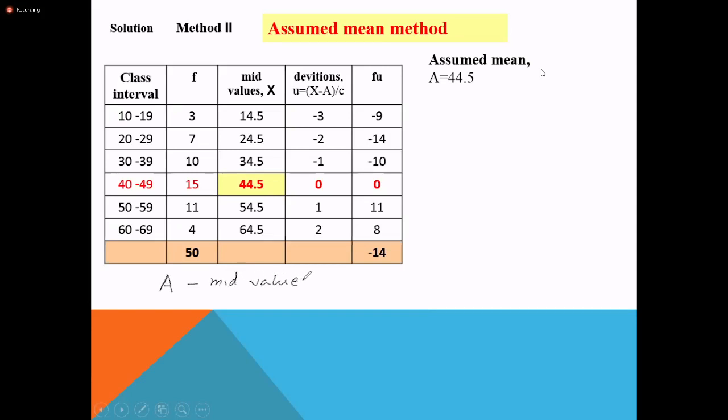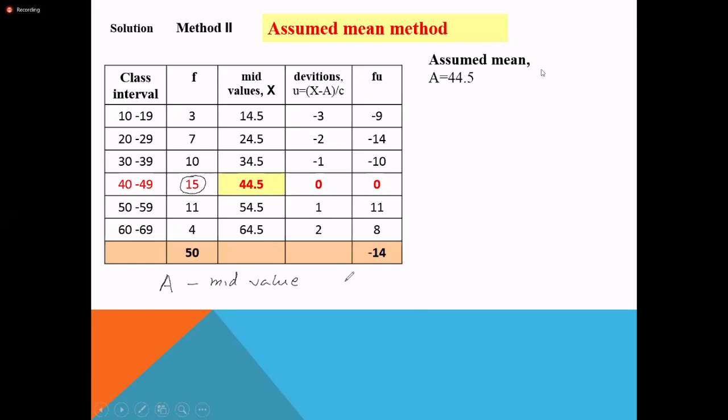generally, it is not a problem even if this is taken from somewhere else. You are free to take it from another mid value of another class interval, maybe 24.5. But here we take the modal class, the mid value of the class interval with the highest frequency, the most occurrences.